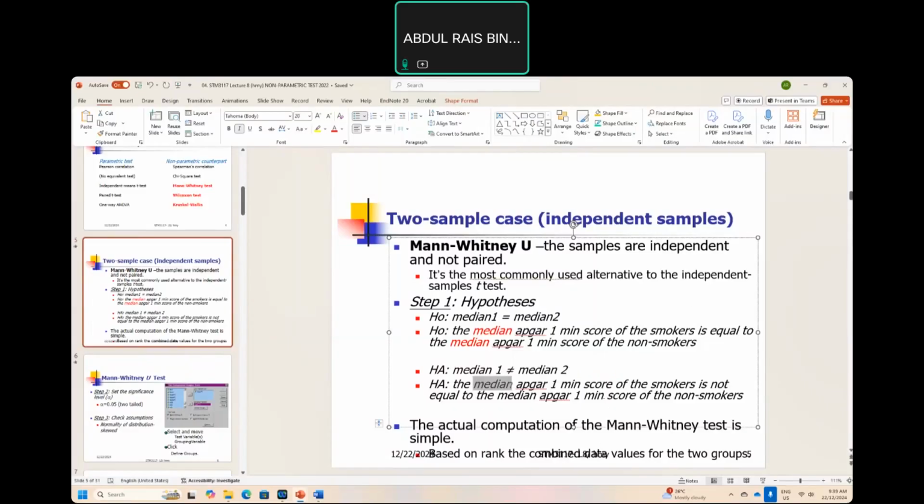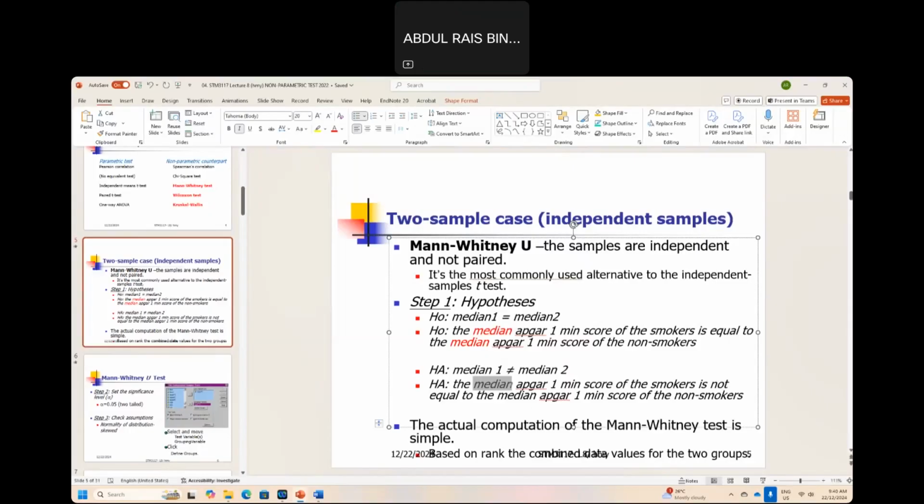For non-parametric, cerita macam ni saja. H0, regardless whatever scenario, dinyatakan there is no difference in the median between group A versus group B. So another way to write this is, your H0 will be there is no significant difference in terms of median between smokers and non-smokers.